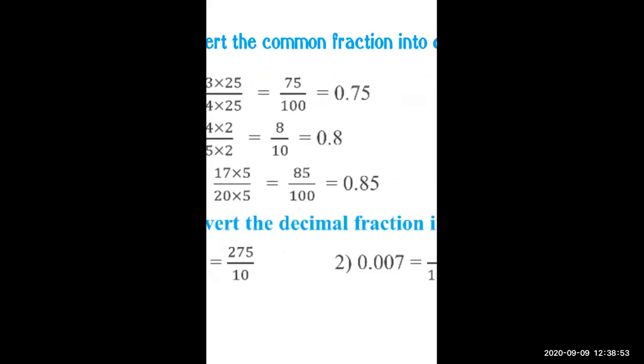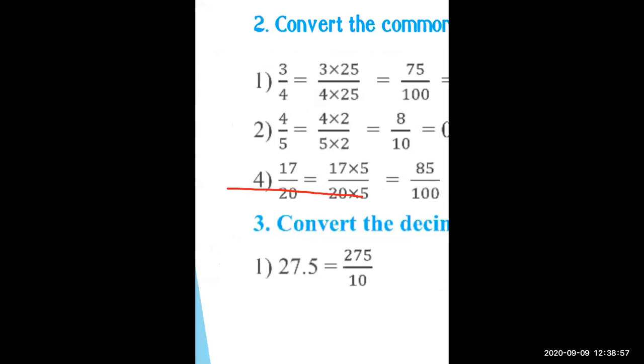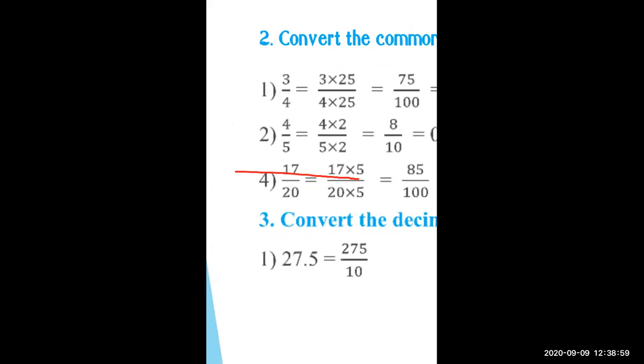Once again, I am explaining the first sum. See the first question, it is given 3 upon 4. First of all, the denominator should be made 10 or 100. In the 4 table, 10 is not coming, so we have taken 4 into 25. 4 25s are 100.